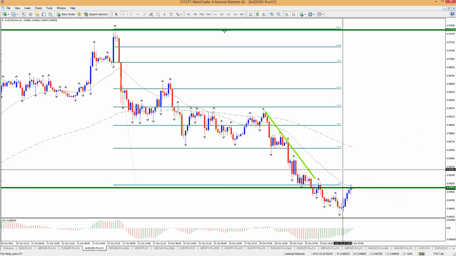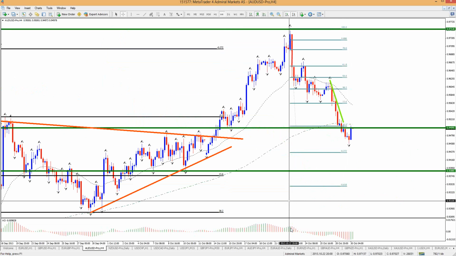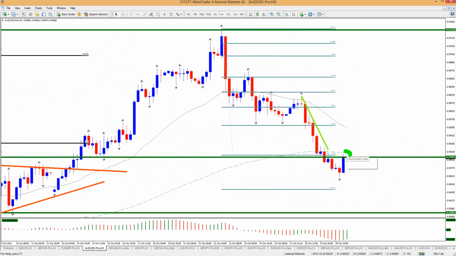Why expect a turnaround necessarily here, you might wonder? That has to do with the higher time frame. You can see on the 4 hour chart already that there's a pretty strong price action signal here, maybe an engulfing 4 hour, for example. So we are getting some reaction off of that level.